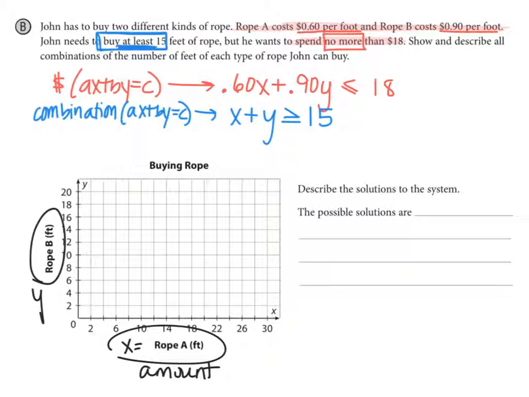Then our last step here is to talk about what method we would use to solve this. Anytime you have inequalities, it doesn't matter what format they're in, the only method you can use is graphing. There is no way to solve inequality systems without graphing. So because this is inequalities, we have to use graphing.